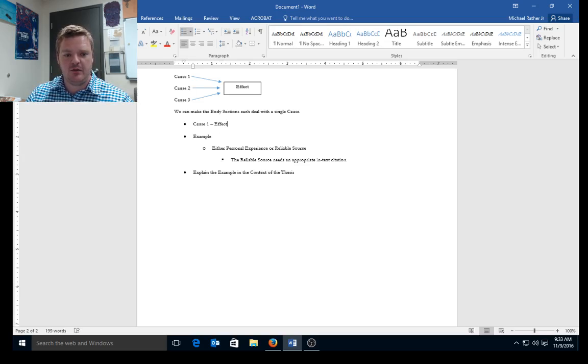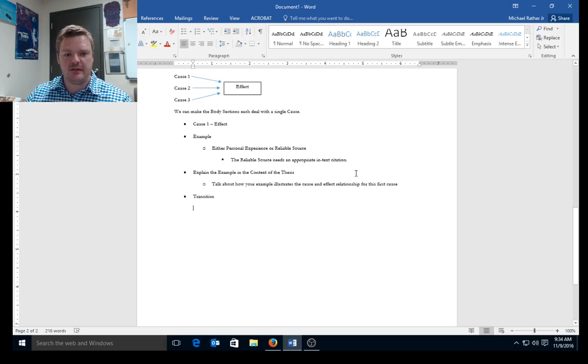This is where you talk about how your example illustrates the cause and effect relationship for this first cause, and then you would transition to the next idea.